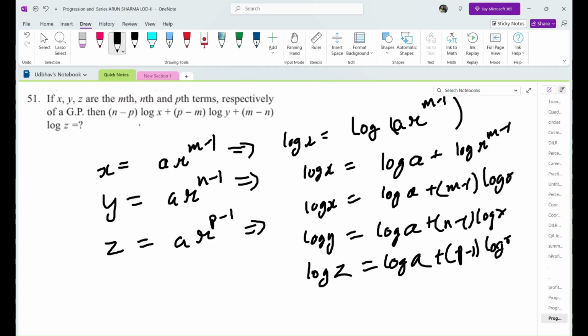So now we have the values of this, this and this. We can put the value of log z here, but that will be lengthy.